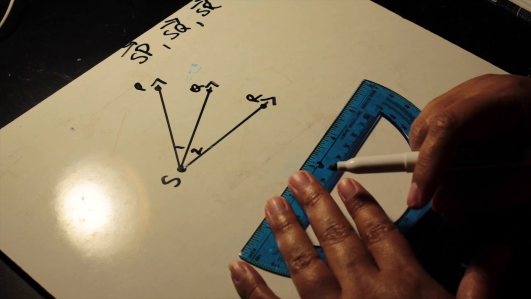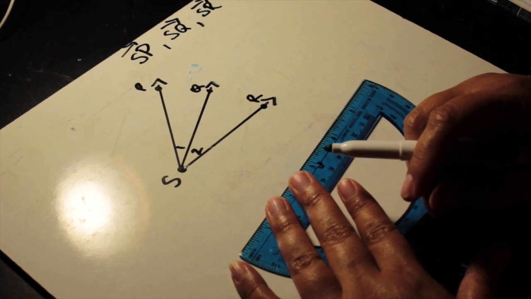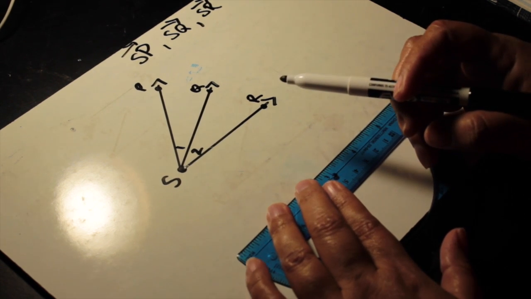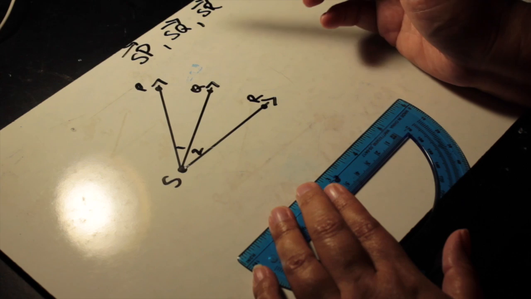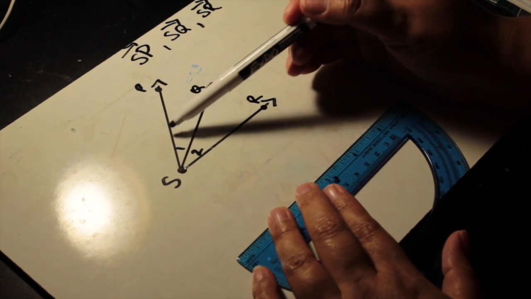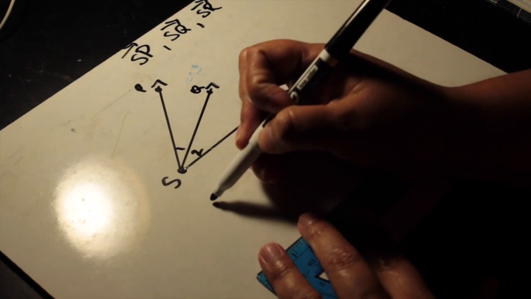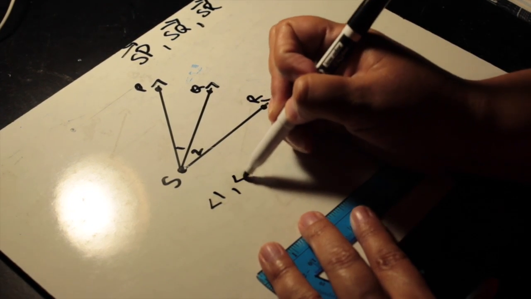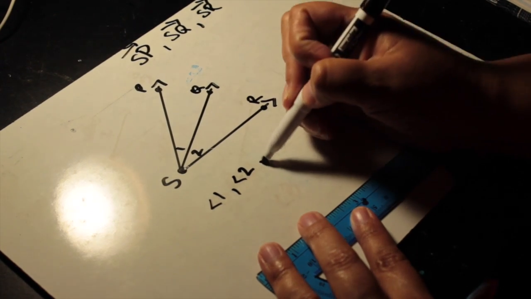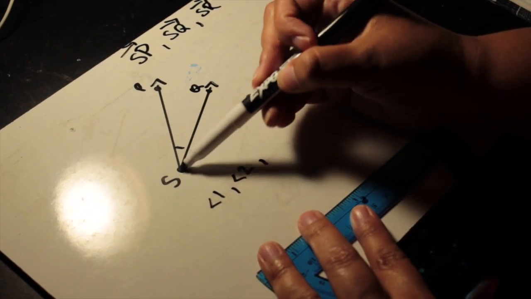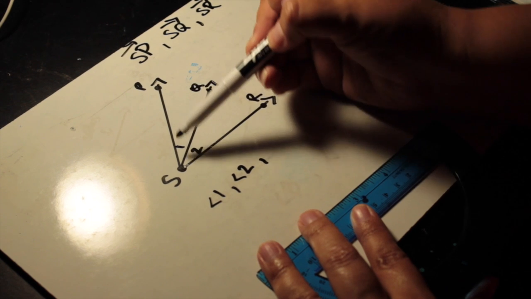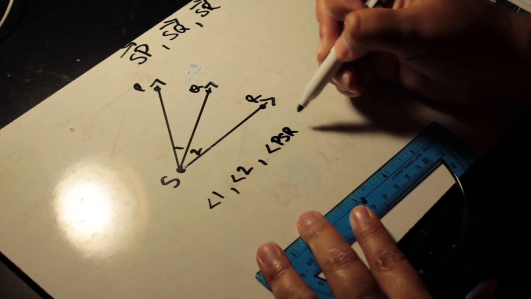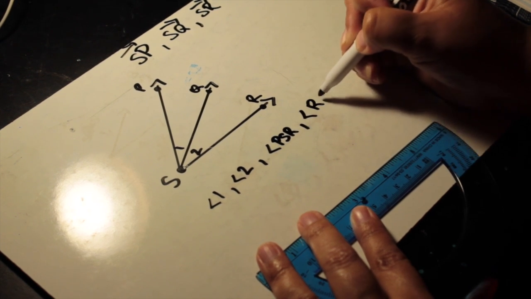Question B asks, name 3 angles in the diagram. There are multiple angles here, so we can choose a few. One of them could be this one right here. We'll start with the numbers: angle 1, angle 2. You could do this angle here, which would be called PSR. It can also be called RSP.